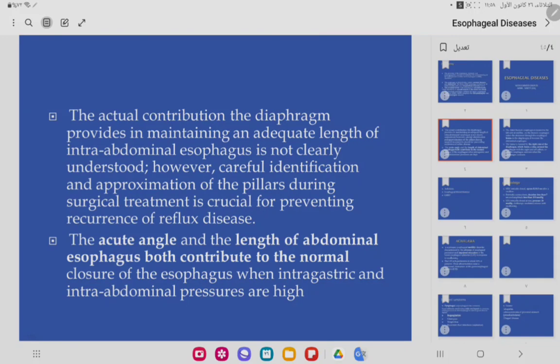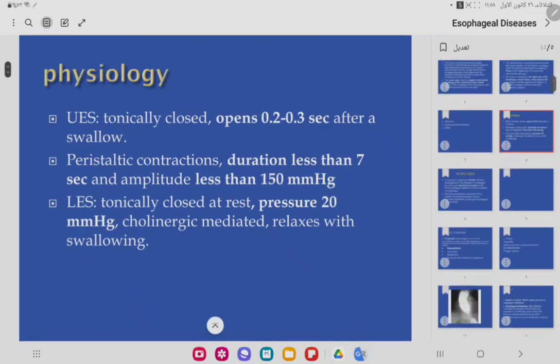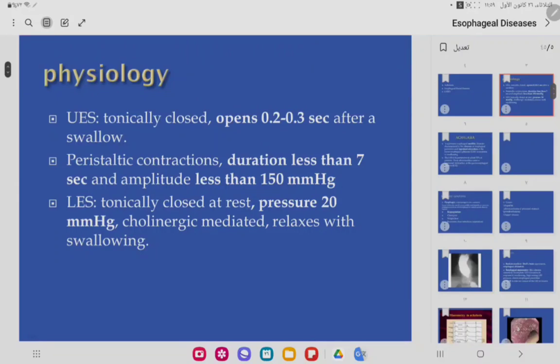For motility, the upper esophageal sphincter is tonically closed and opens 0.2 to 0.3 seconds after swallowing to allow the bolus of food to go down. Peristaltic contraction, as we know, has a duration of less than 7 seconds and an amplitude of 100 mmHg.